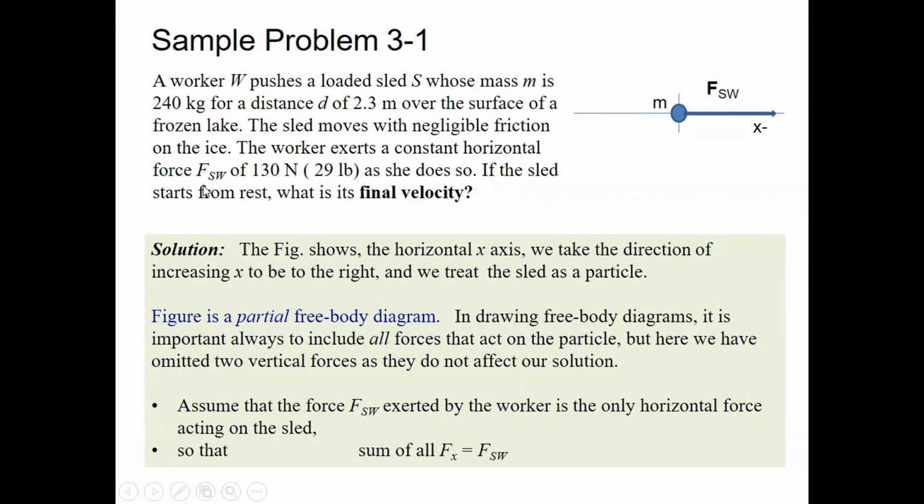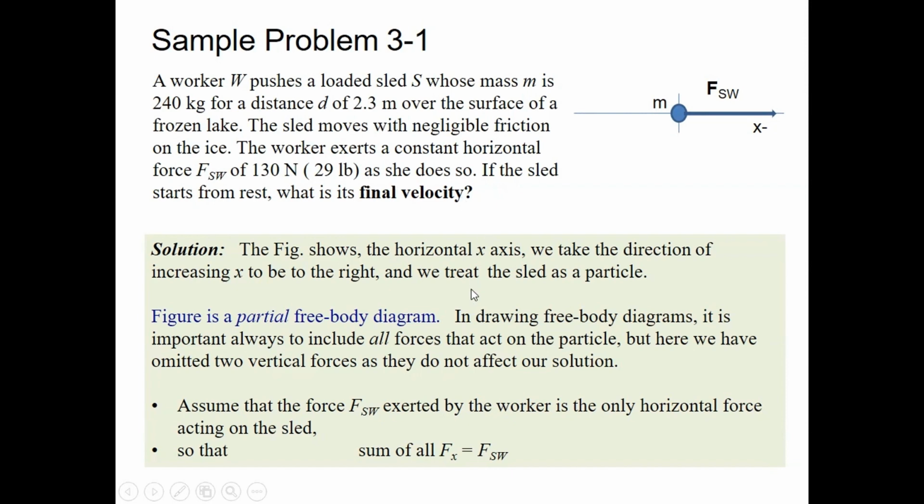The worker exerts a constant horizontal force F_SW, which means the force on the sled due to the worker, of 130 newtons or 29 pounds as she does so. If the sled starts from rest, what will be the final velocity?